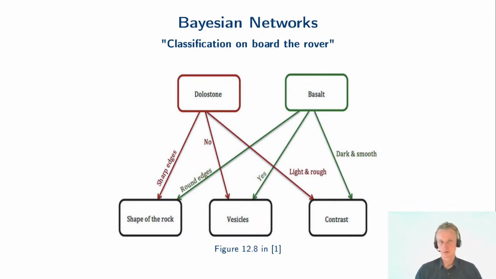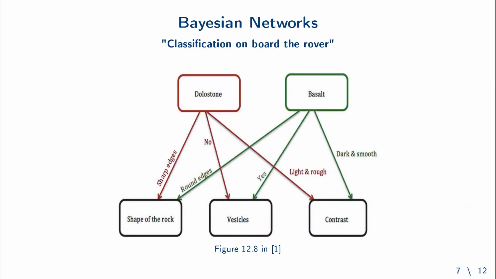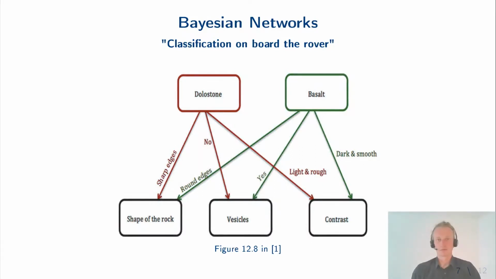Then each attribute node is conditionally independent of the others. You can shortly think about what that means for our graph. This, for example, here is a naive Bayesian network, since here the attributes do not have any edges between them.